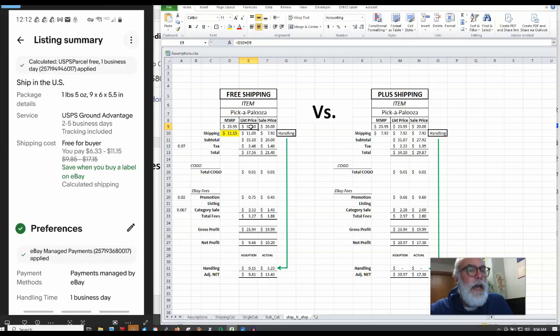You're listing the item for its value plus what it's going to cost to ship, which can impact your tax amount on the item. And we'll see that as we go through here. I do apologize. I'm just really hacking here. So this will be cut and pasted together.